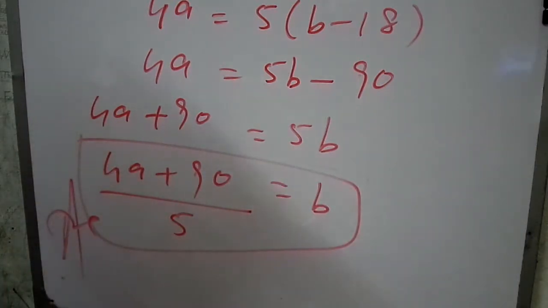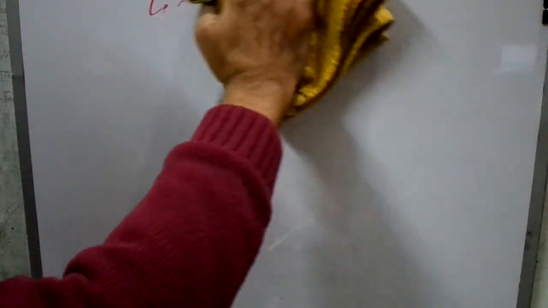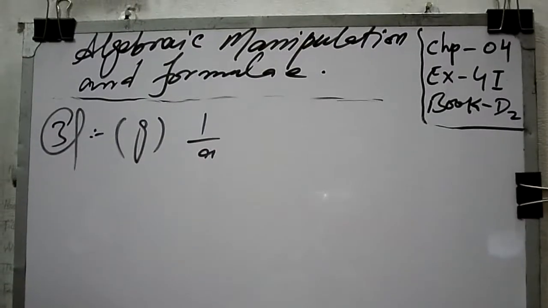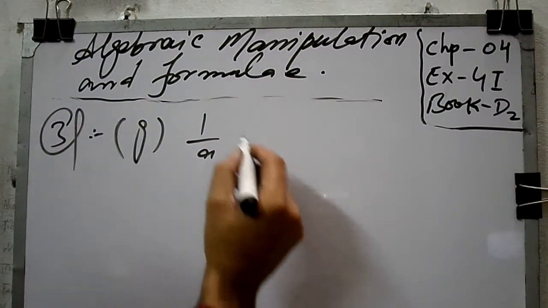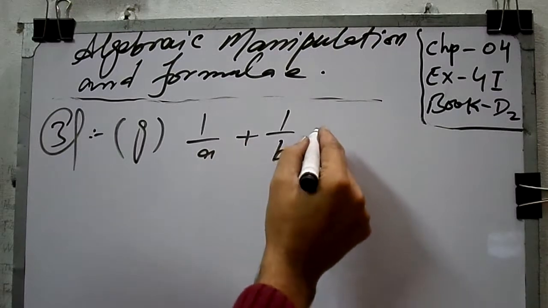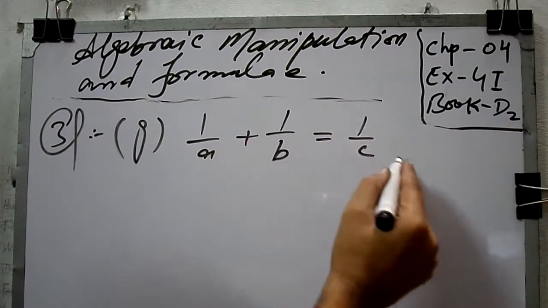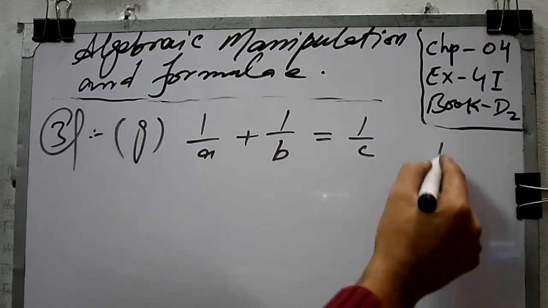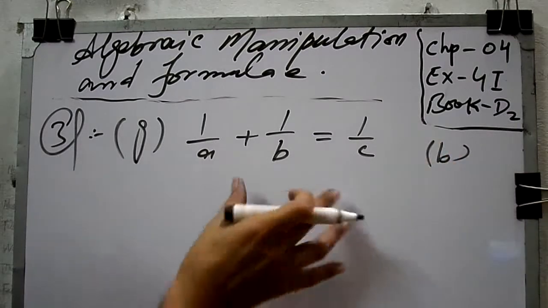Coming to the next part, G part. In G part, you can see here 1 by A plus 1 by B is equal to 1 by C. You have to make B the subject.